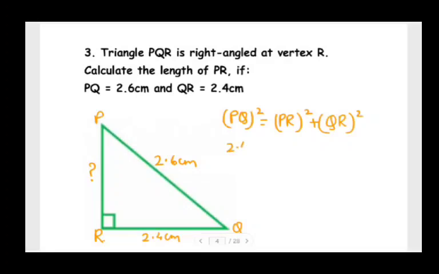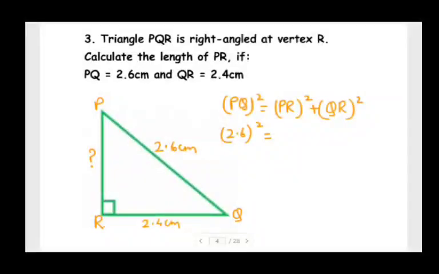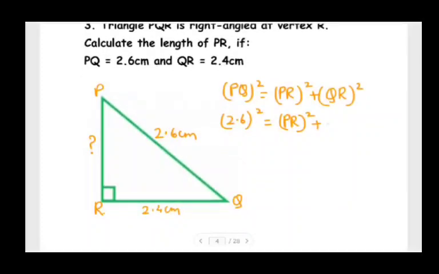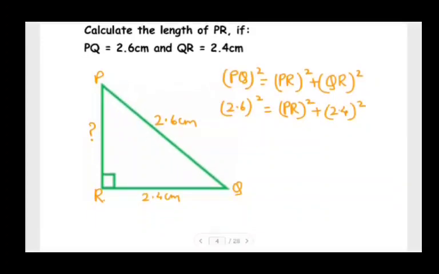PQ is 2.6 the whole square. PR, this PR, we have to find out. QR is 2.4 the whole square. Children, I'm sure you have little problems with how to place the decimals.